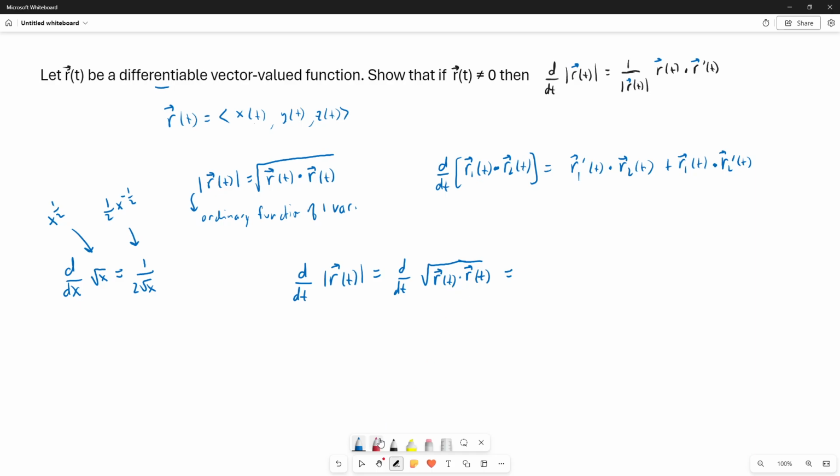We have an inside function, which is the dot product here, and we have an outside function, that's the square root. So we want the derivative of a composition. We do the derivative of the outside, leaving the inside in. So the derivative of the outside is here: 1 over 2 times the square root of, instead of writing R of t or x or anything like that, we leave the inside in. So R of t dot R of t.